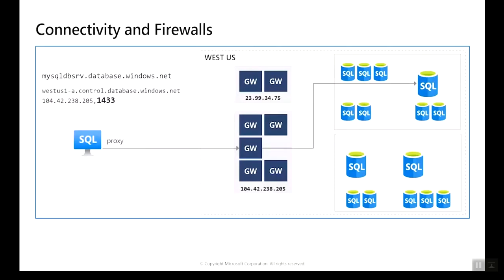Now, the default connectivity for Azure Relational Data Services is actually disabled across the world. So if you need to connect to the service from an on-premises computer or machine, in the firewall section, you need to add the IP address range of the computer or machine trying to connect to the Azure Data Service. A firewall rule of 0.0.0.0 enables all Azure services to pass through the server level firewall rule.